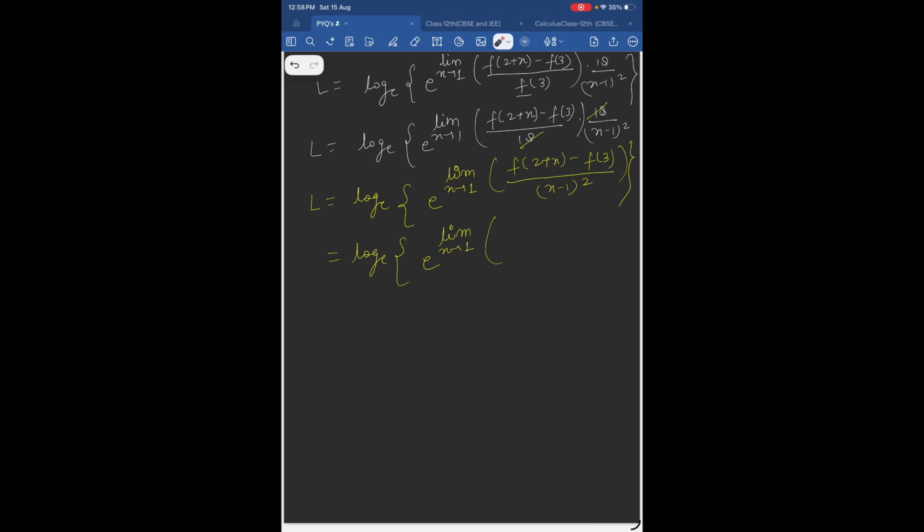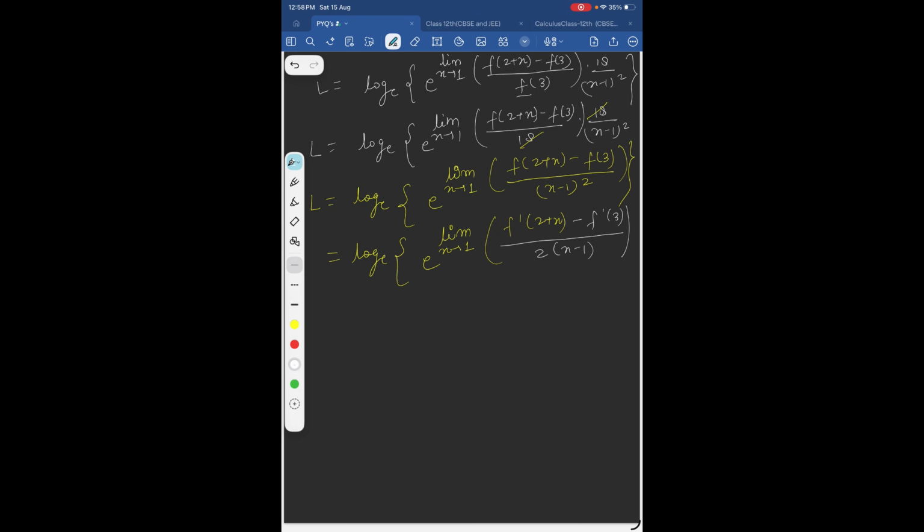And we know when a function is of the form 0 by 0, we can apply L'Hopital. Just apply the L'Hopital rule on this one. L'Hopital means differentiate. So f'(2 plus x) minus f'(3) divided by 2 times (x minus 1).